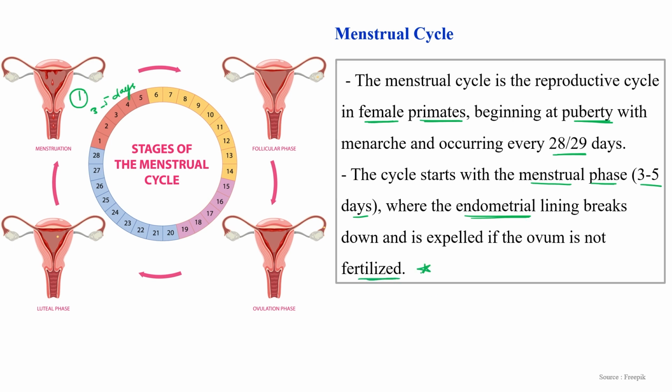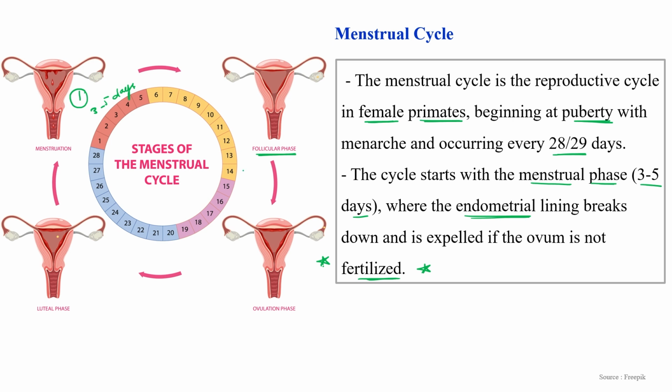If the ovum is fertilized, there is no menstruation. After the fifth day, the follicular phase starts, meaning development of the endometrium begins.